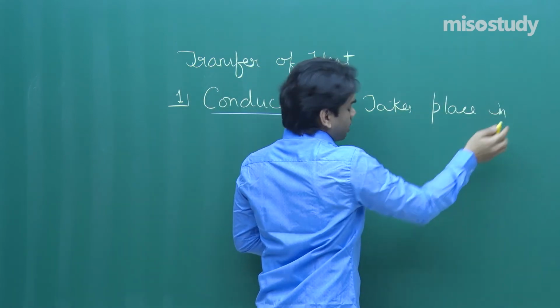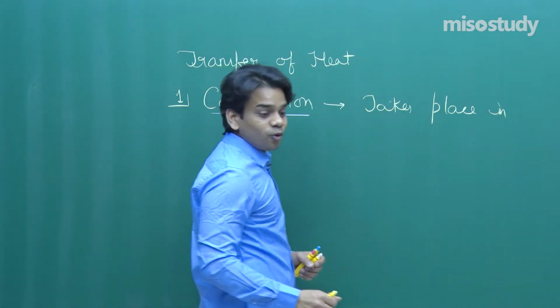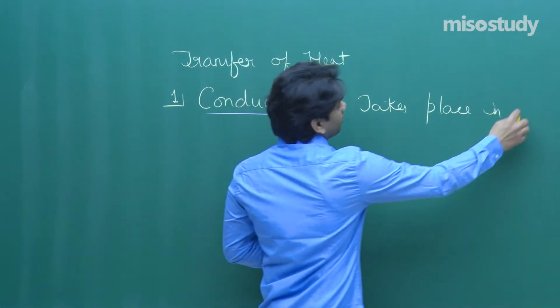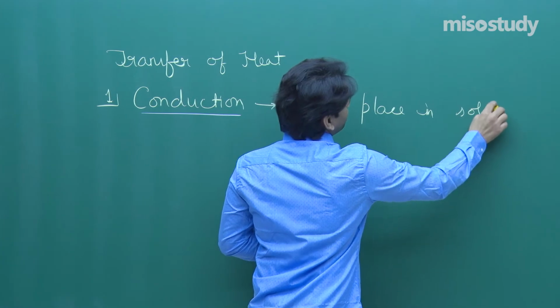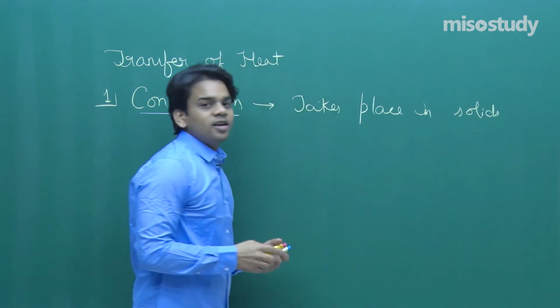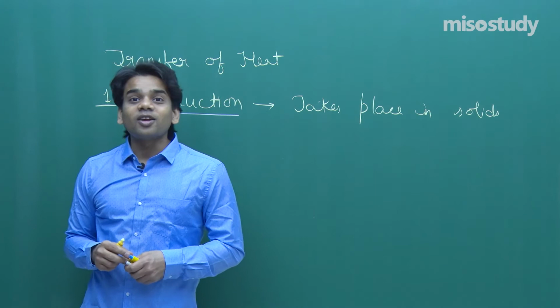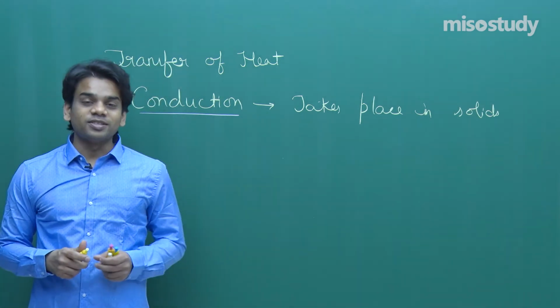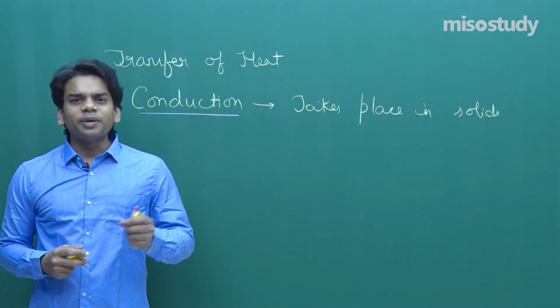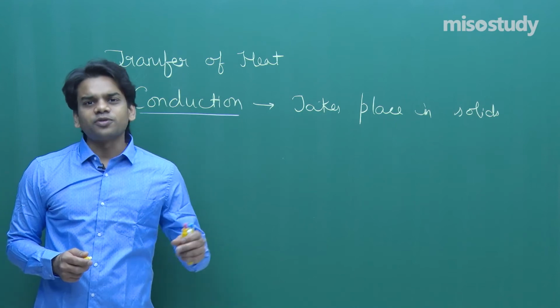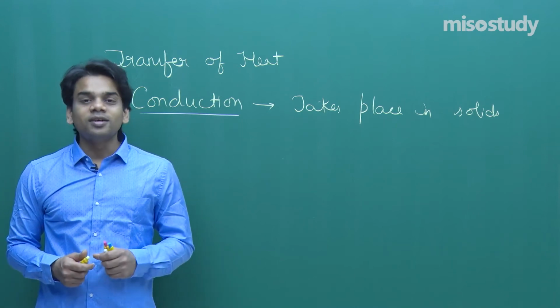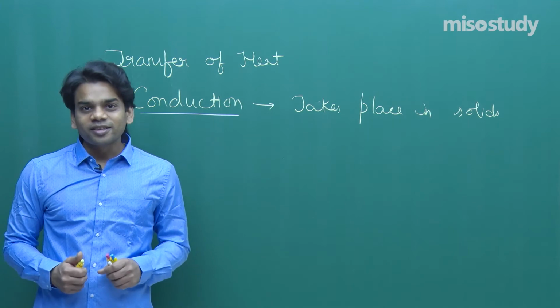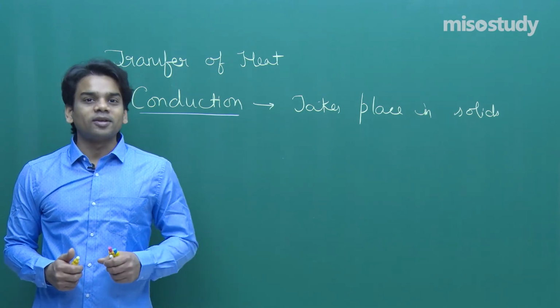Now there are many kinds of solids. We have wood as a solid, we have metals as solid. Generally metals are good conductors of heat, and they will be transmitting heat in the best way. That is, the rate of transfer of heat through metals will be better compared to the rate in wood or, let's say, any non-metal object.